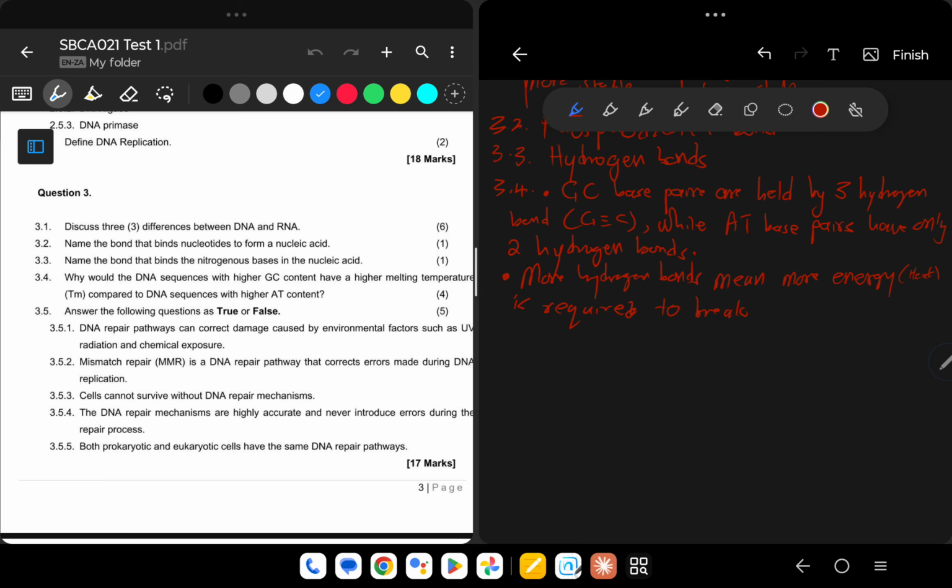So in this case, it's going to be required to break the DNA double strand.